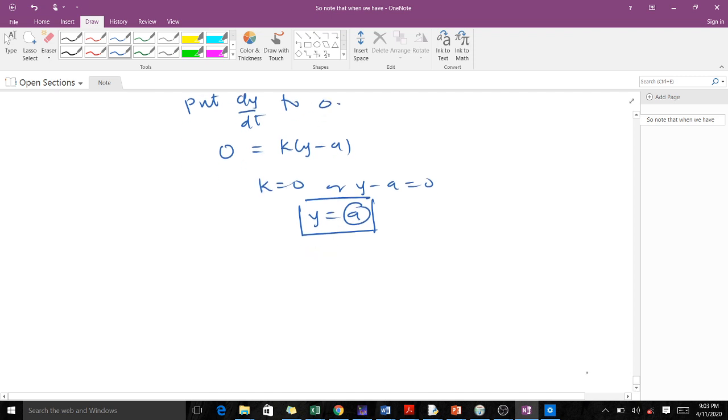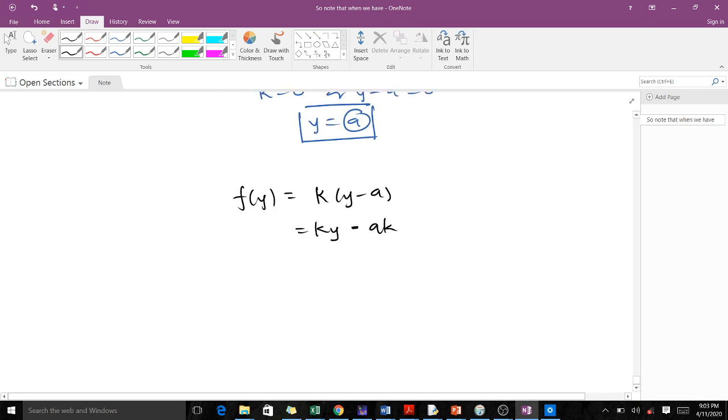After finding our fixed point, the next thing is that we ask ourselves, what is our f of y? So in this case, it is f of y. So our f of y will be k(y minus a), which is the same as ky minus ak. So we are supposed to find the first derivative with respect to y, and this is going to give us k. This part goes to 0.